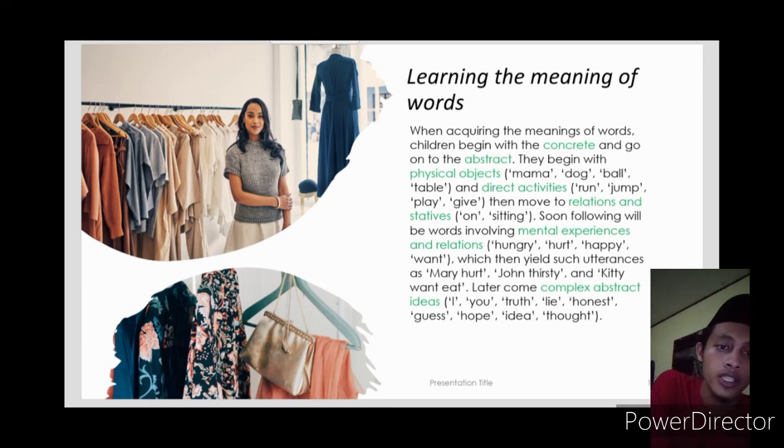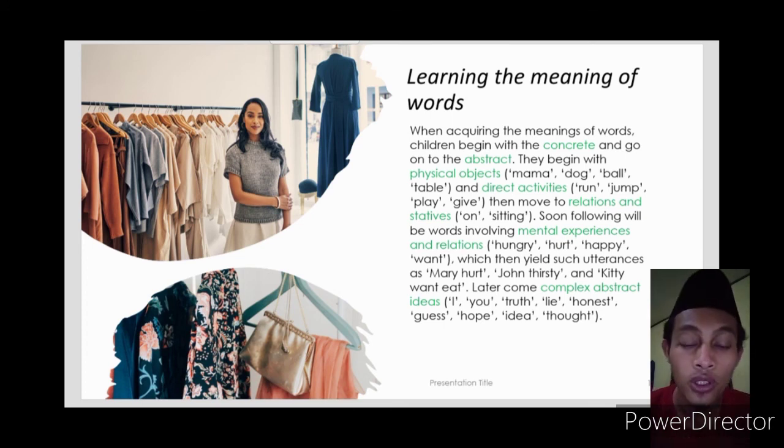After they know the direct activities, they can know the relation of words like running, jumping, or the others.